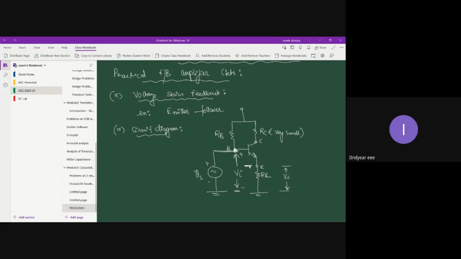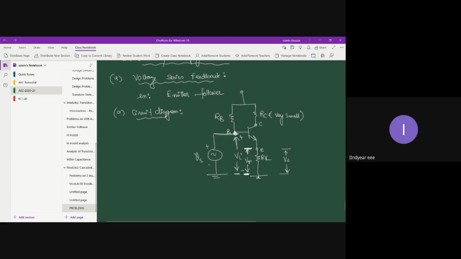Therefore, on the input side, there is a voltage which is common to the input side as well as the output side. So basically the voltage across RE serves as the output voltage V0 as well as the feedback voltage VF. So you can write that VF is equal to V0.